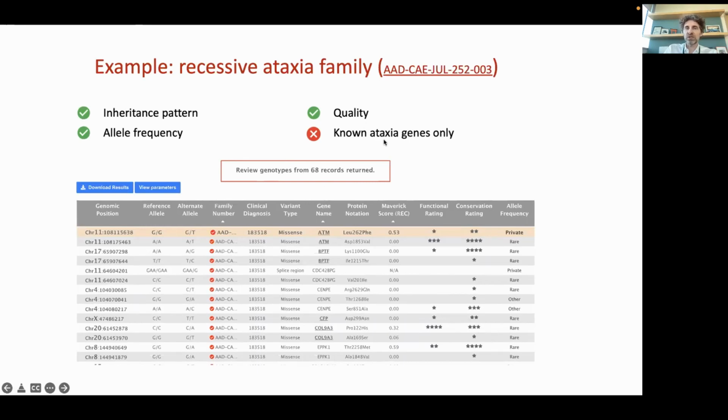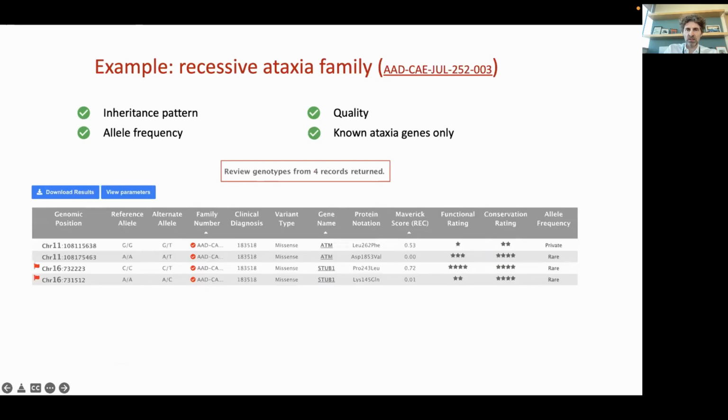So if we only consider ataxia genes, it actually drops to 4 records. When you inspect those more closely, you see that there are 2 genes here, ATM and STUB1. It tells us these are compound heterozygote changes, 2 in each gene. That's why they come up. So we drop to 2 genes, 2 possible solutions, by applying these 4 filters, from 10,000 to 2.